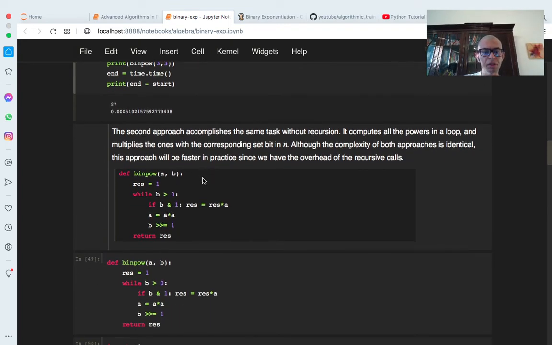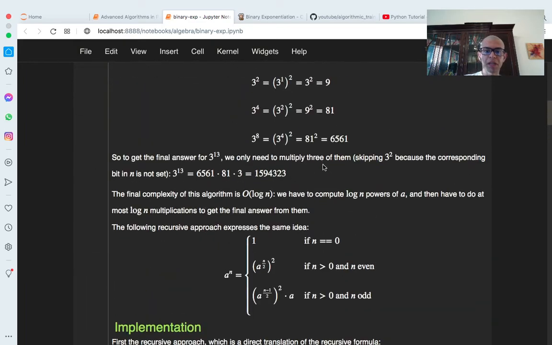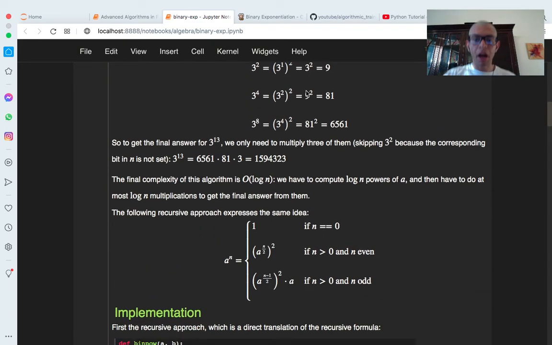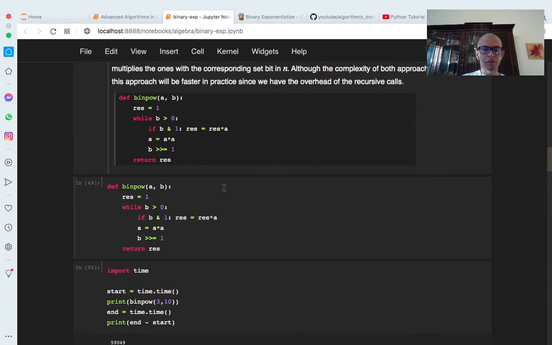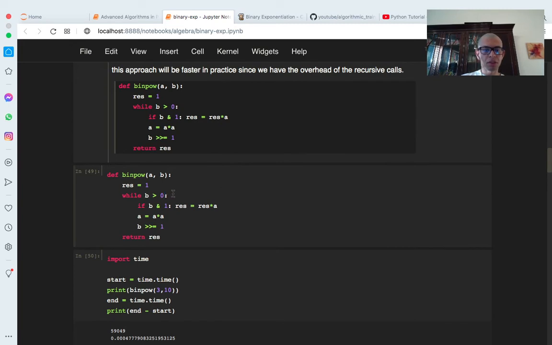Next would be the approach based on the binary representation. Here we do something just based on the binary.